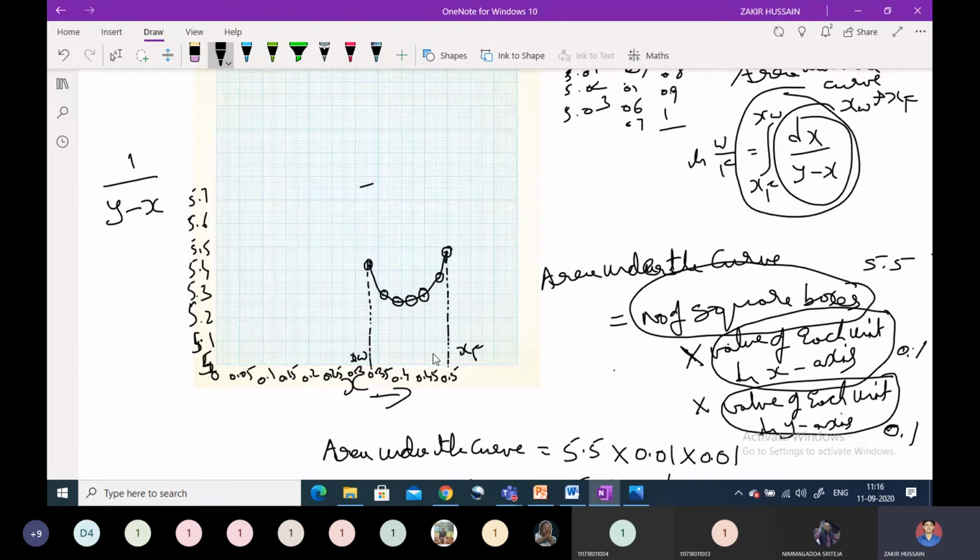Now this is one complete box, 2, this is 3, this is 4, this is 5, this is 6. You can assume this as 7.